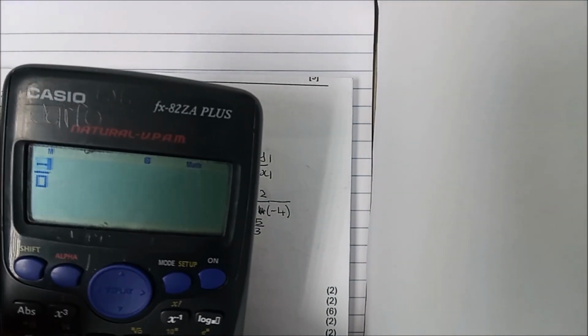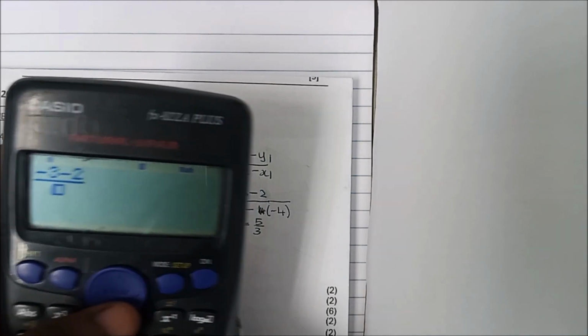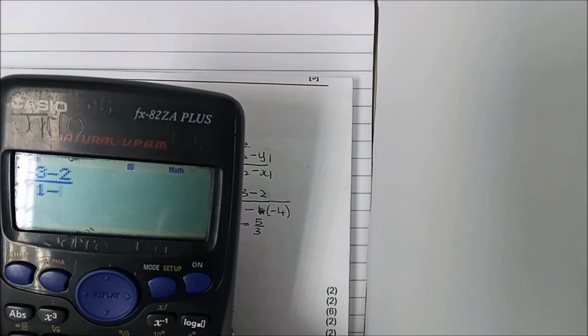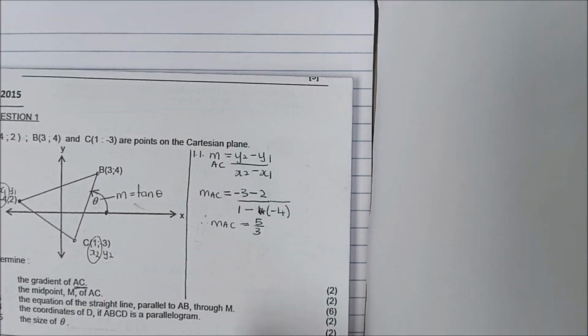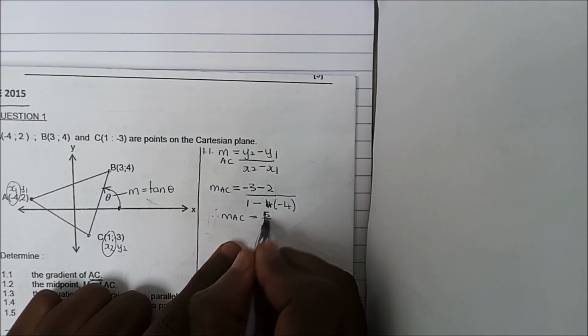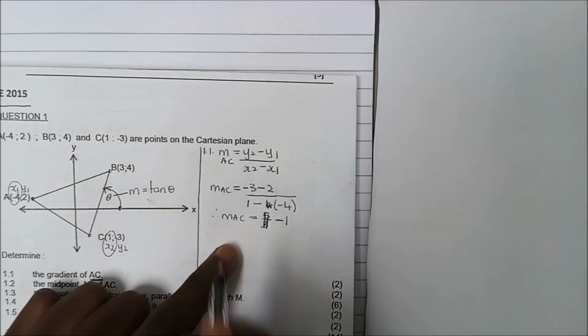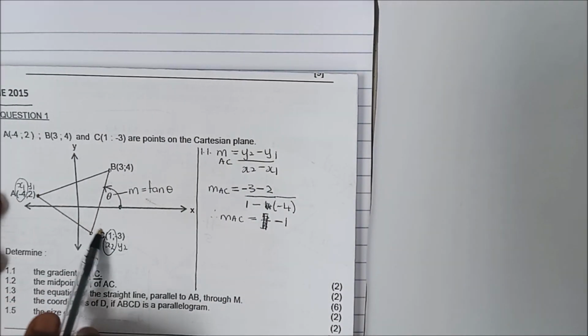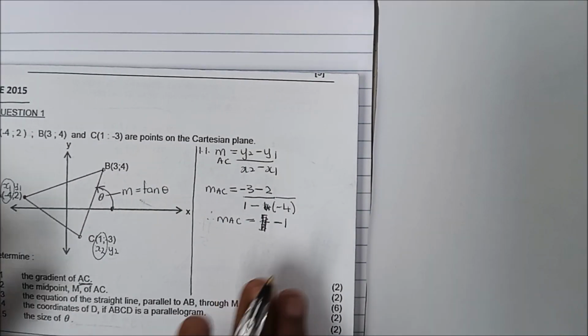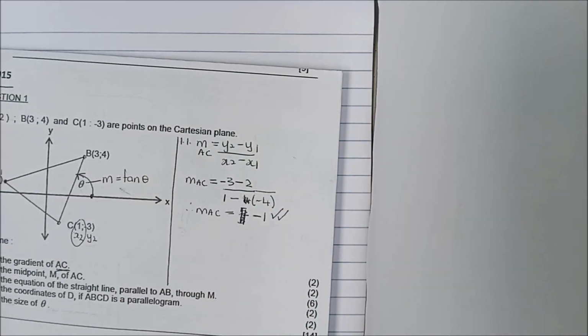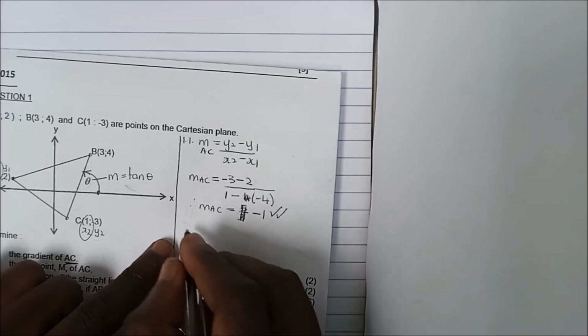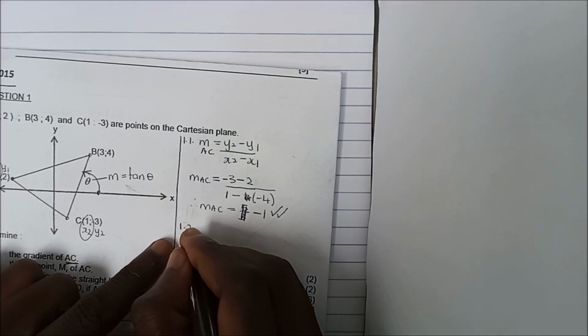Let's go ahead and see what the new answer is. So 1 minus into negative 4. So the answer is negative 1. Since the line is decreasing, the gradient has to be negative. So the answer for 1.1 is negative 1. Now let's go to 1.2.